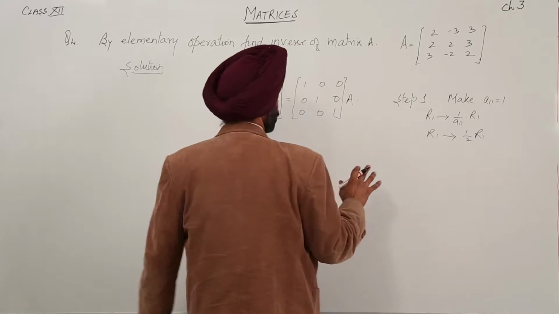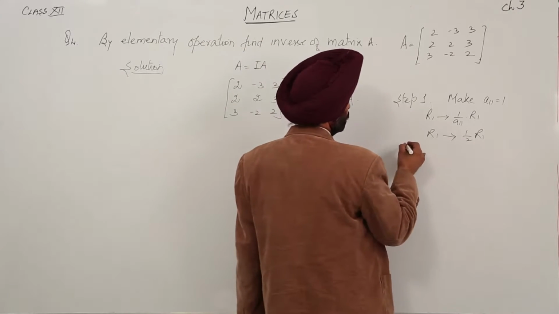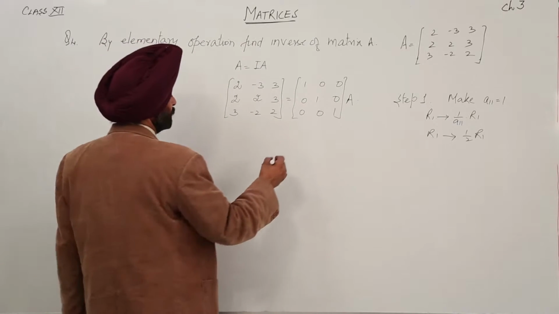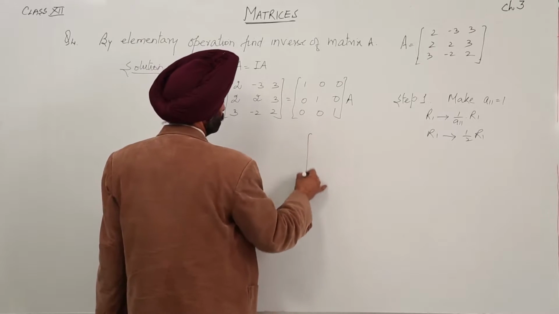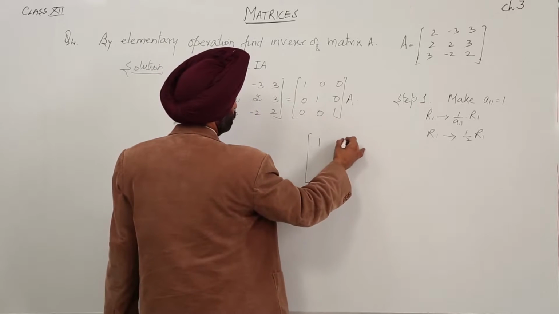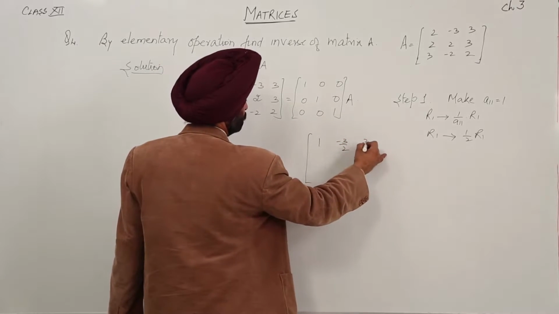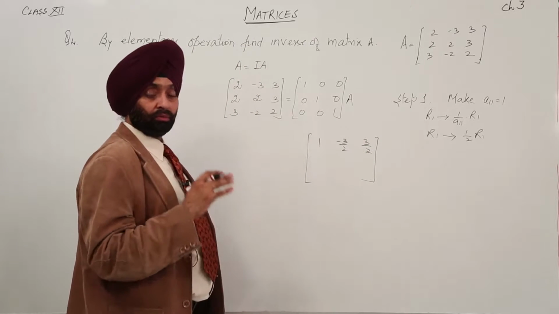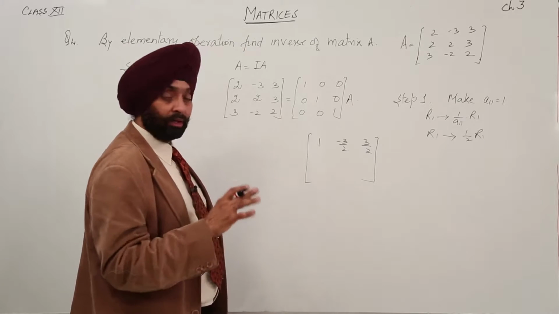Now we have to apply step 1 on this side. Okay, so step 1 is 1 minus 3 by 2, 3 by 2, I have applied row 1 divided by 2.